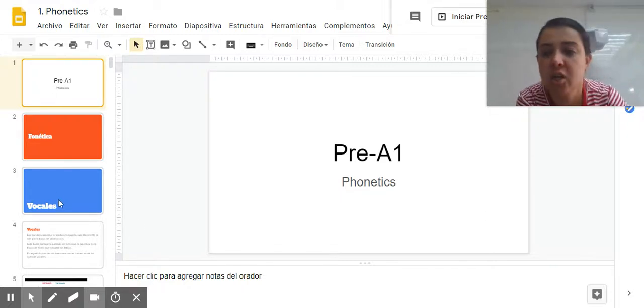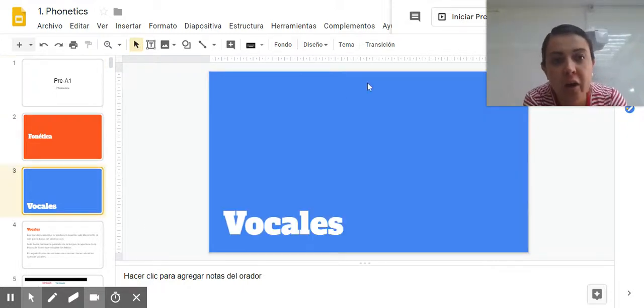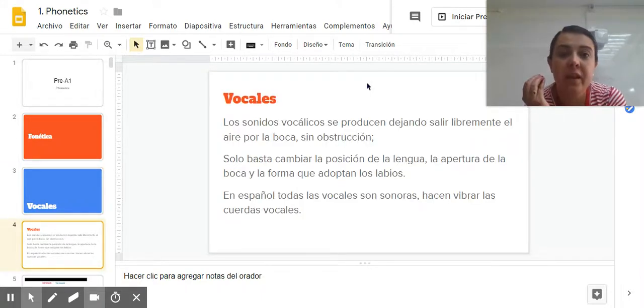Okay, let's begin. We're going to go with the vowels, vocales. The first thing that you need to know about the vowels is that in Spanish, the way we pronounce them is that there is no obstruction in the mouth for the sound.